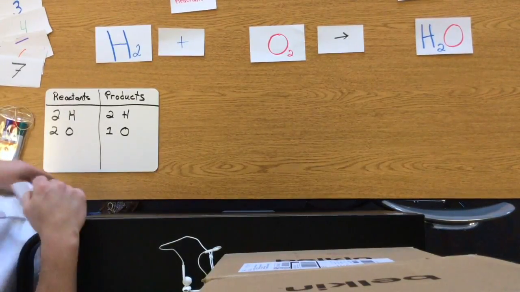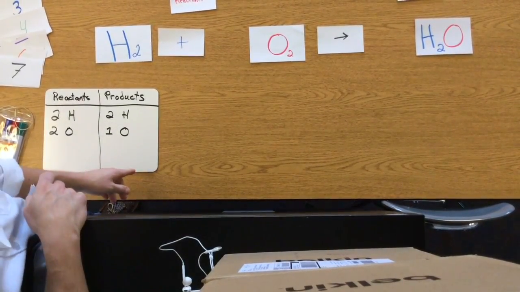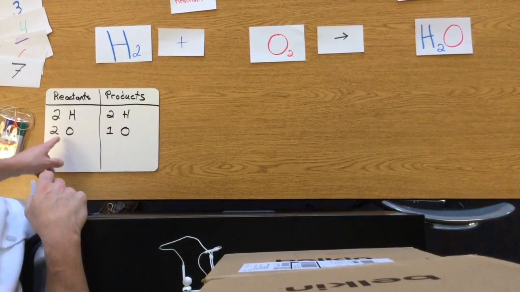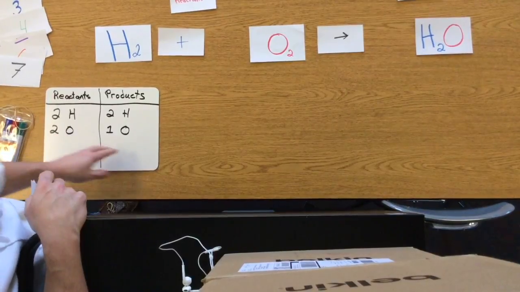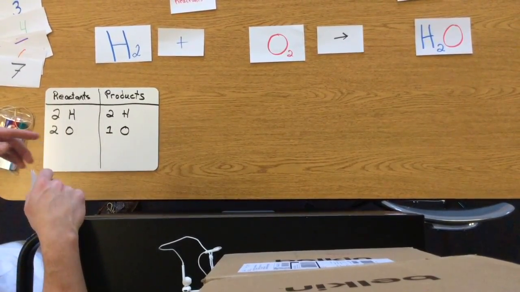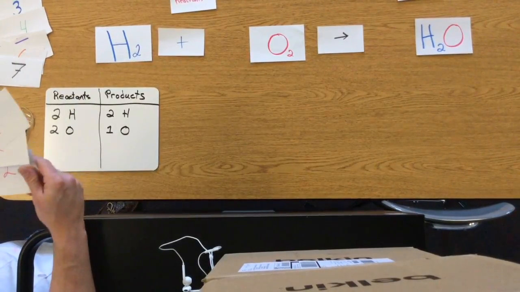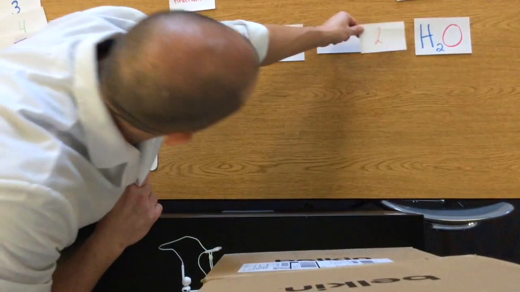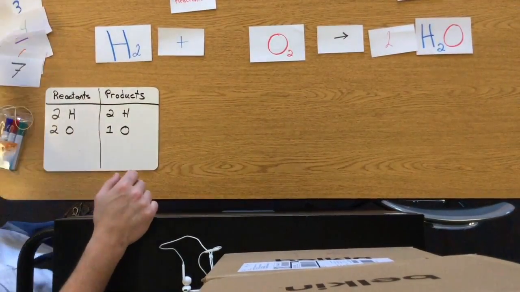All right, so the first thing I'm going to try: I see that oxygen has 1 on the product side and 2 on the reactant side. So I'm going to put a coefficient of 2 in front of H2O on the product side.